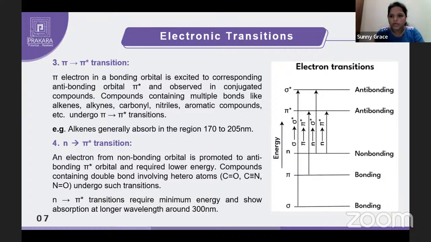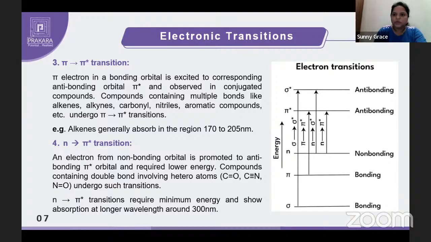Most organic molecules available for identification, qualitative or quantitative analysis, undergo these types of transitions. So pi to pi star and n to pi star are the two most widely seen transitions, where molecules go from the ground state to the excited state whenever they absorb UV or visible light.